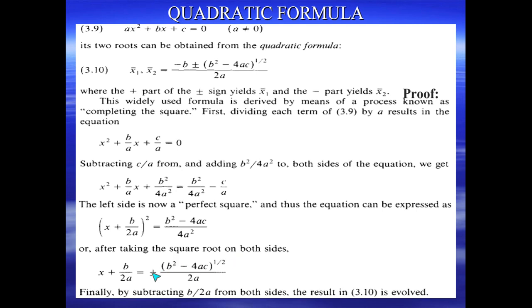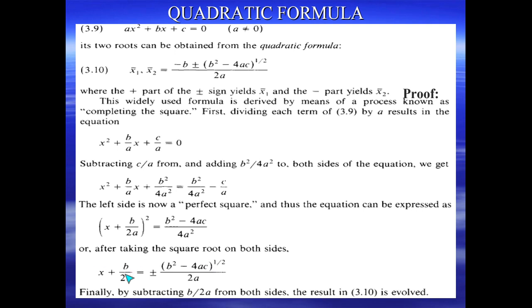Since I take here already the plus and minus together, I obtain plus or minus. But here I have to obtain the square root of b squared minus 4ac. So here we have plus or minus the square root of b squared minus 4ac over the square root of 4a squared. But then we can just say this is plus or minus the square root of b squared minus 4ac over 2a. It doesn't change because we already have plus or minus, so we include all the possible cases.